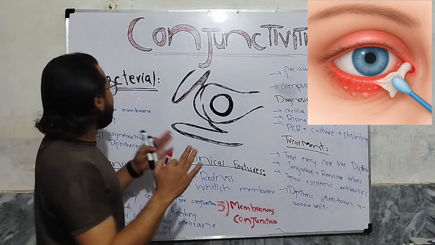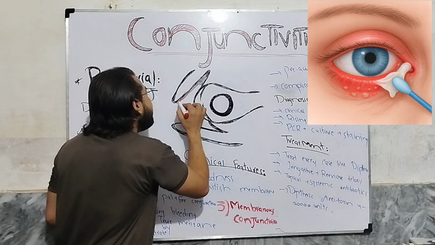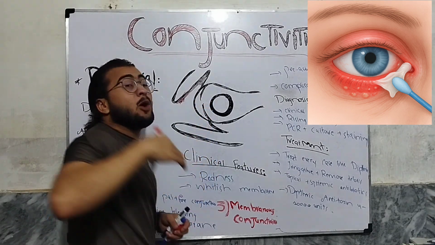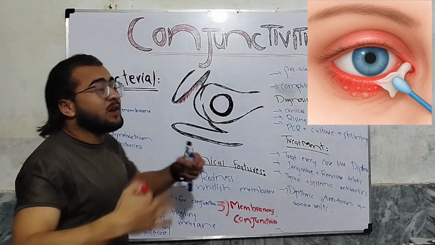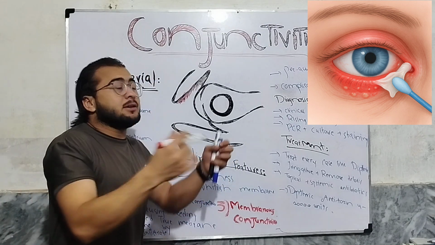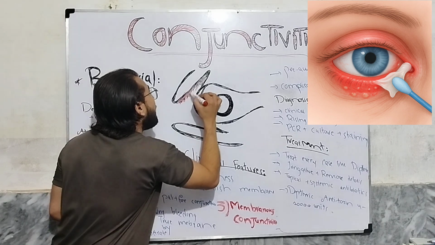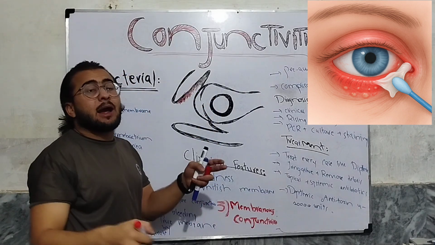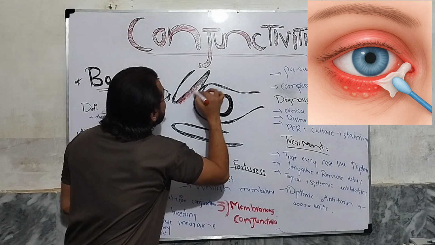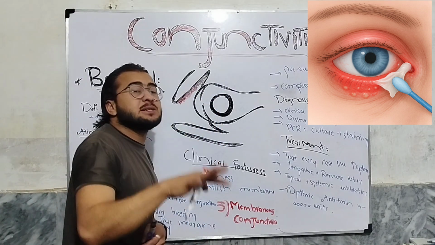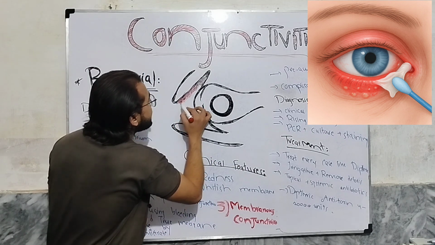Pathogenesis: when there is Corynebacterium diphtheriae in the conjunctiva, there will be a violent inflammation, and this will cause a fibrinous exudate. The fibrinous exudate will come on the surface and into the substance of the conjunctiva, and it will form a true membrane.